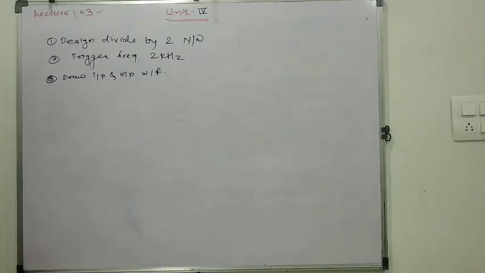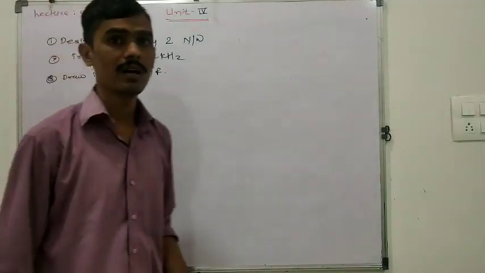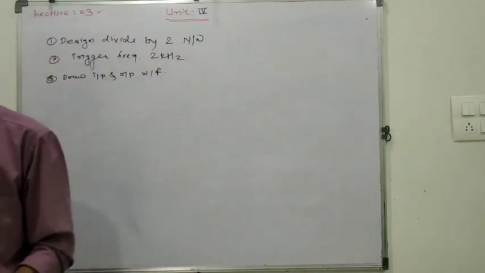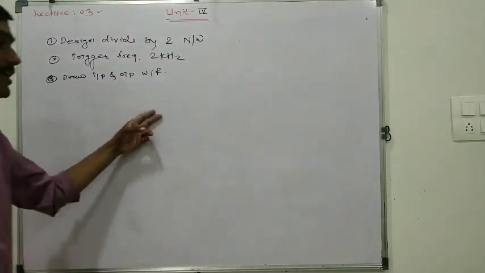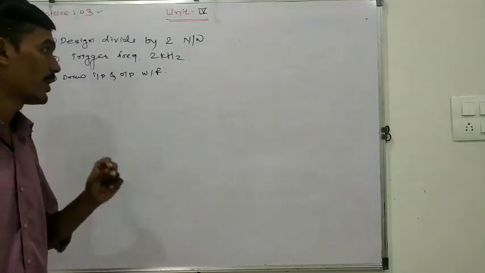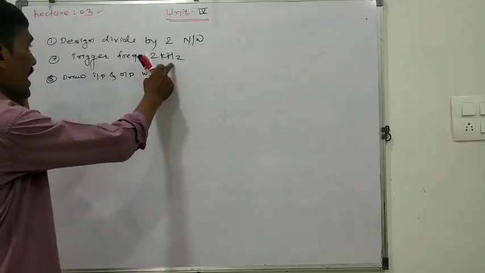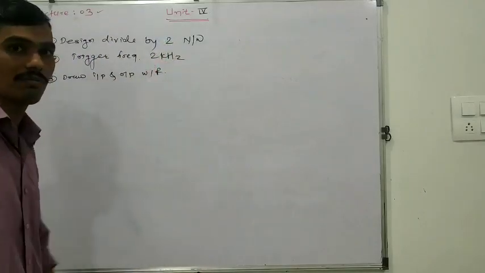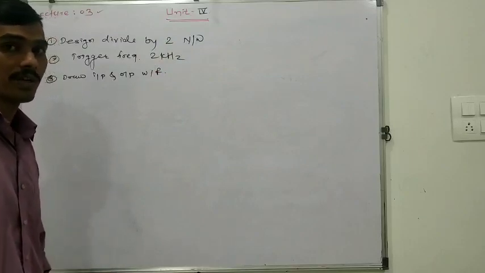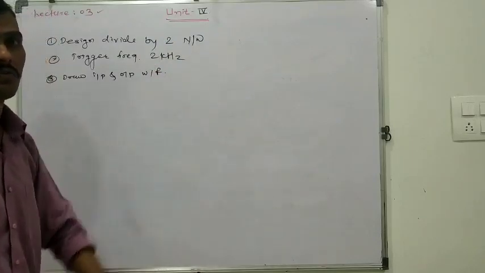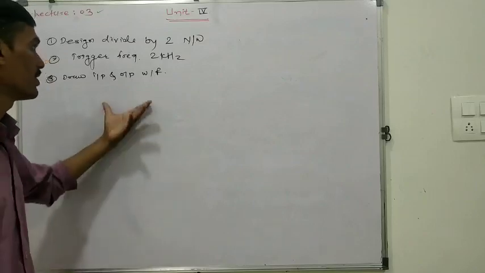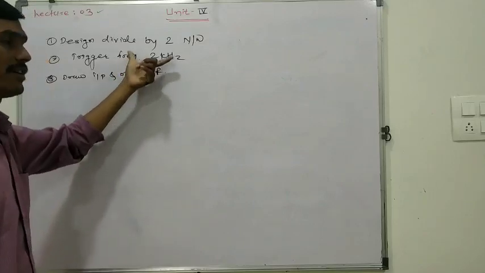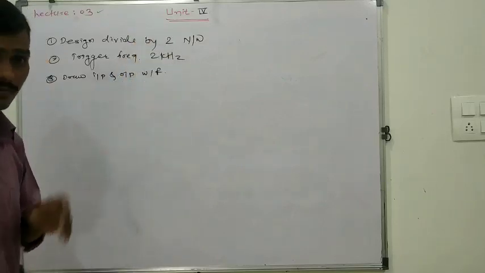For IC 555, the output is taken at pin number 3, and the trigger frequency that we are going to provide goes to pin number 2. So we have to provide the 2 kilohertz frequency at pin number 2, and we have to obtain the divide by 2 network frequency at pin number 3, and we have to plot the waveform for both. Also we have to design the circuit for the same.